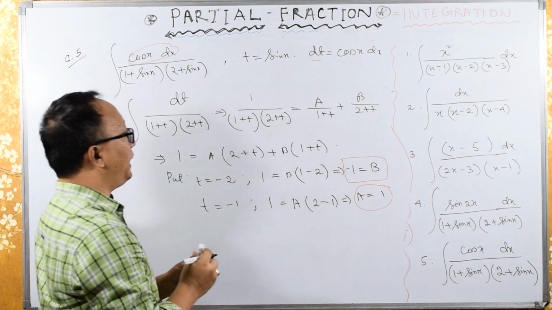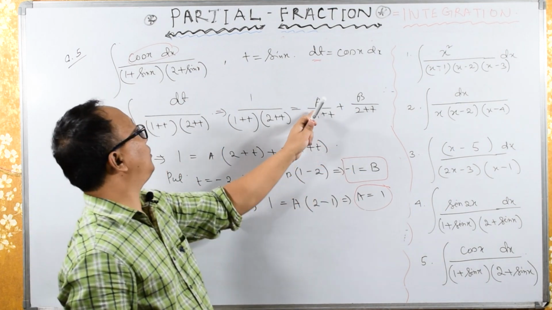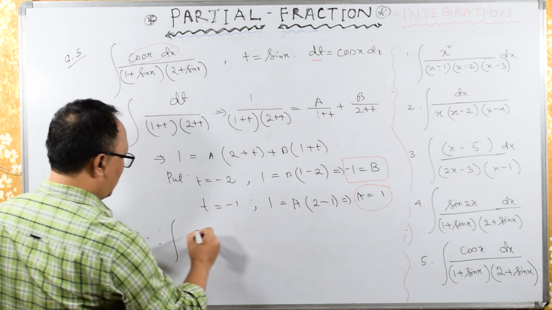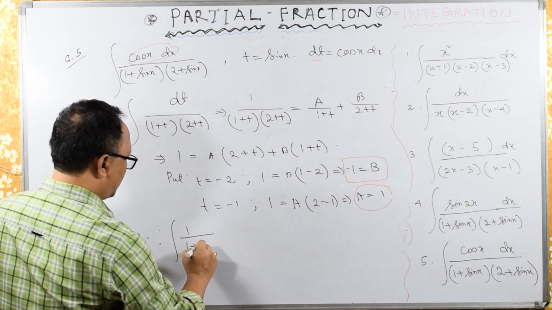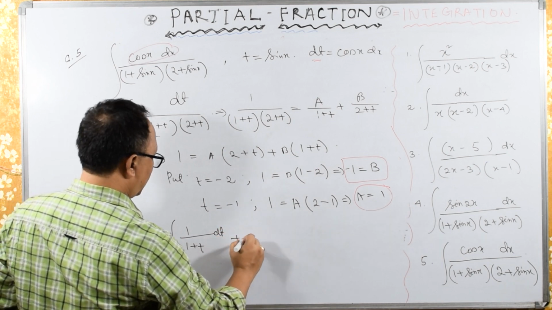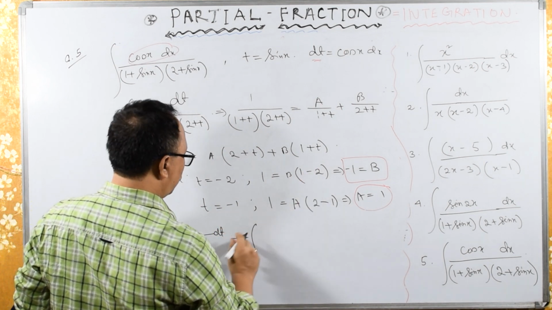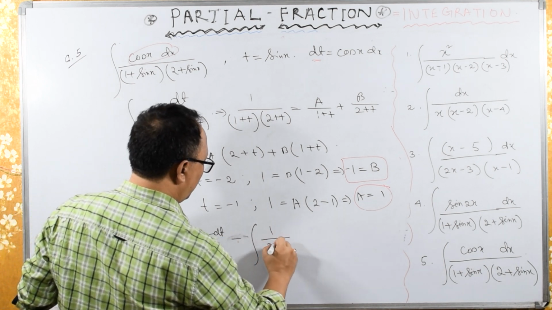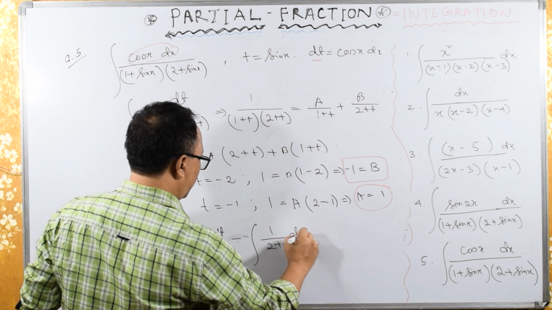So I am having the values of a and b and substituting them over here. Therefore this integral is, a is 1, integral of 1 upon 1 plus t dt, plus integral of b, which is minus, so let's keep minus 1 upon 2 plus t dt.